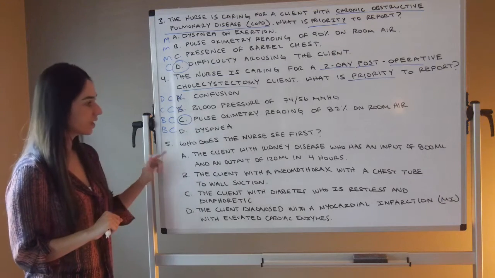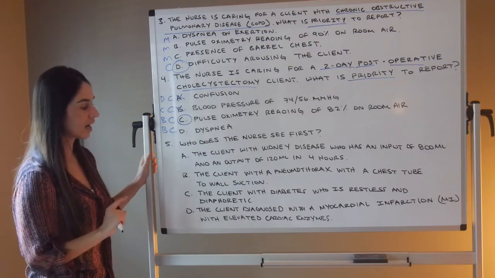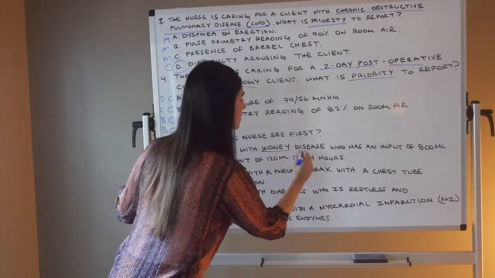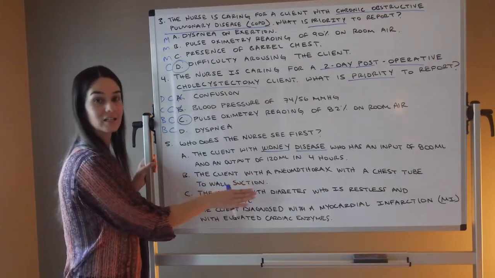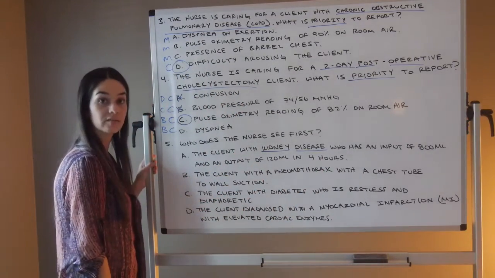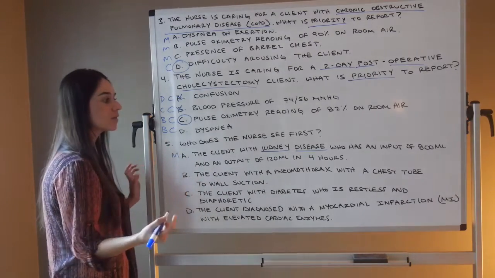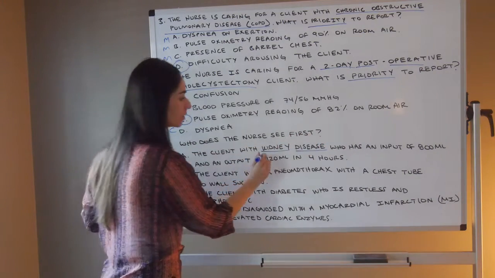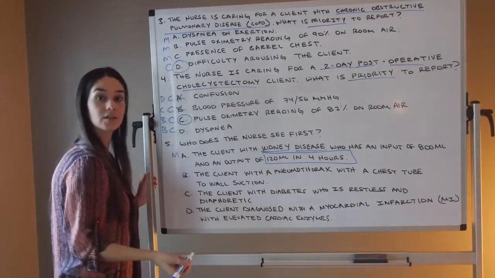So let's start. The client with kidney disease who has an input of 800 mLs and an output of 120 mLs in 4 hours. So topic is kidney disease. My question to you, can kidney disease influence urine output? Absolutely. That is a manifestation of the disorder, but also think about this. Even though they have a lot more in than they're putting out, are they still making adequate urine?